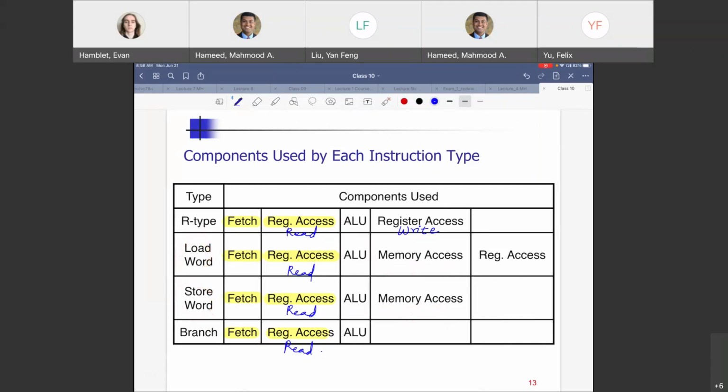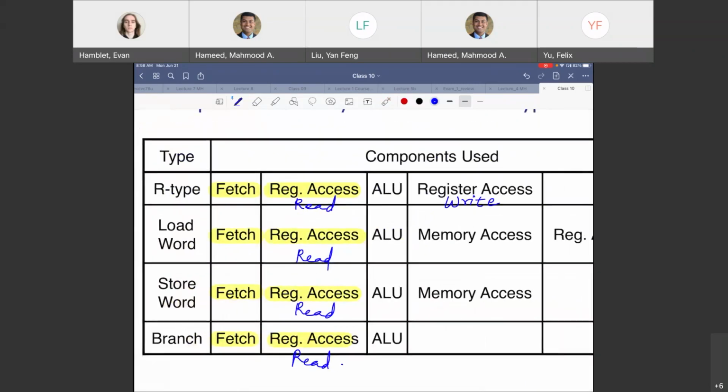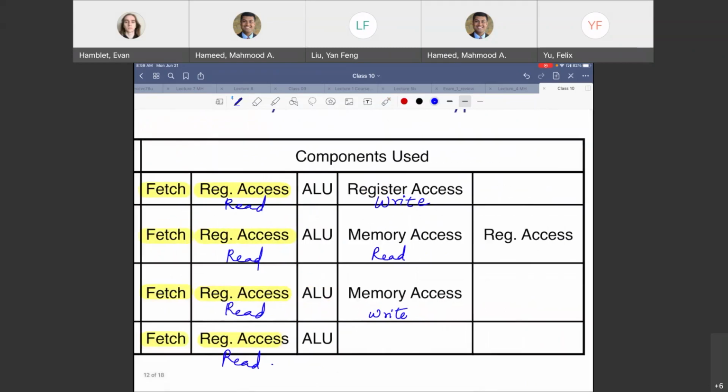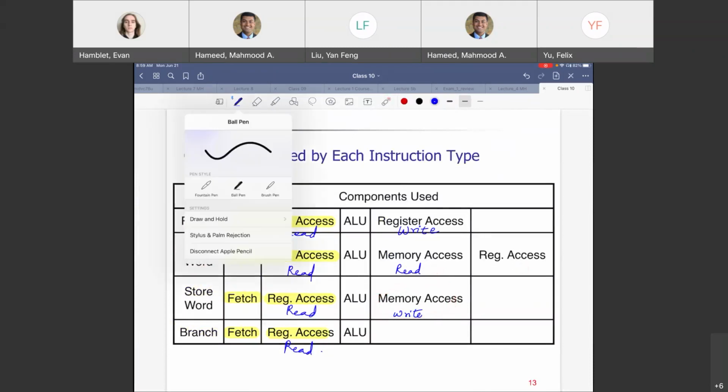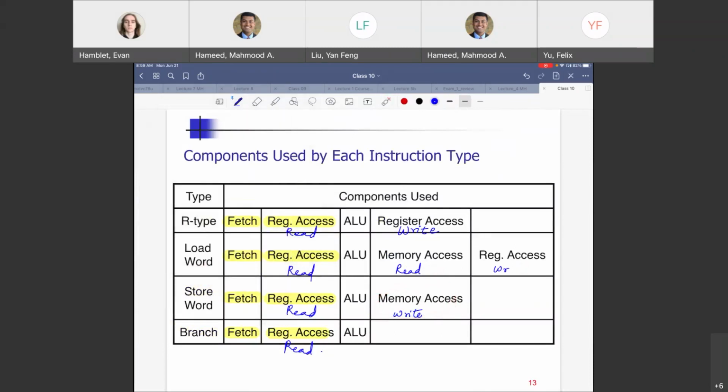Say for load word, should the memory access be read or write? Read there, write there. And once I write to memory for store word, I'm done; that completes the operation. However, for load word, after I read the memory, I still need to do the register access, because I need to write it to a register.